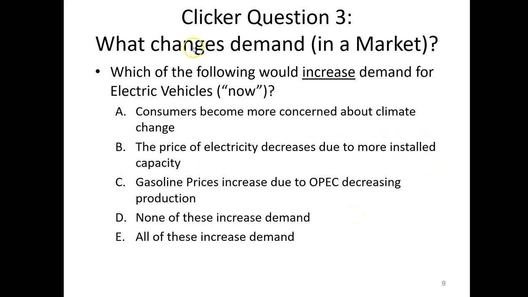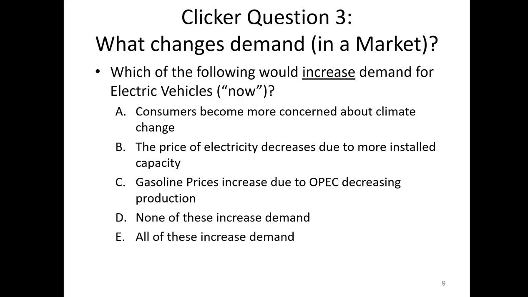Okay, so here's a question. Which of the following would increase demand for electric vehicles? I say this to try to keep it more short term, not over decades or something like that. So in the next month or year or something, people become more concerned about climate change.